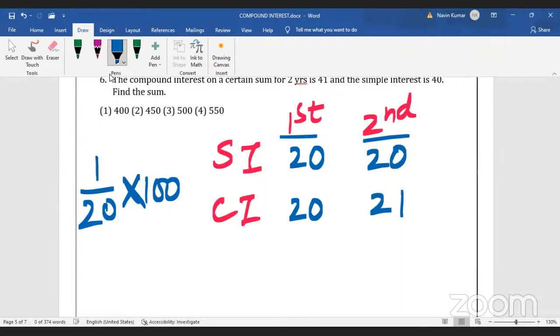Yes. Now for finding the sum, P is equal to SI into 100 by R into T, right? हाँ, correct. तो इसमें मुझे 40 आ रहा है. 40 क्यों आएगा? 40 into 100 by 5 into 2. हाँ, 5 into 2 is 10. सर मैंने कहीं और कुछ नंबर ले लिया.